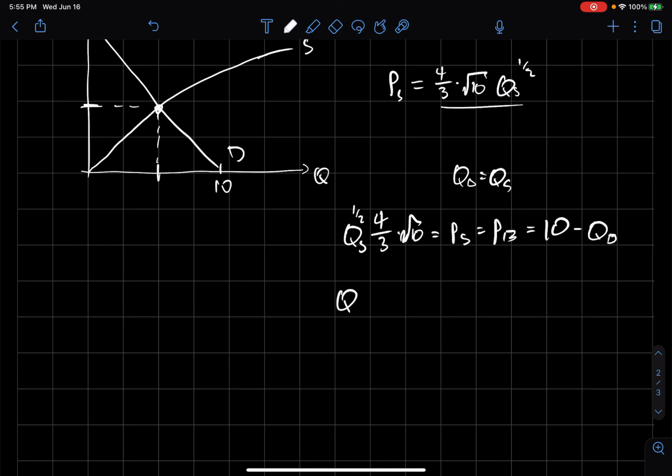So we have Q plus 4/3 square root of 10 Q to the 1/2 is equal to 10. Okay, so this looks pretty messy, and isn't going to be that fun.